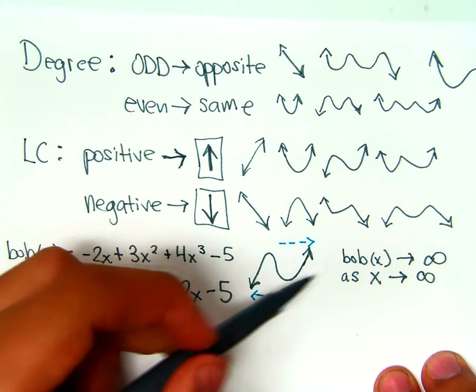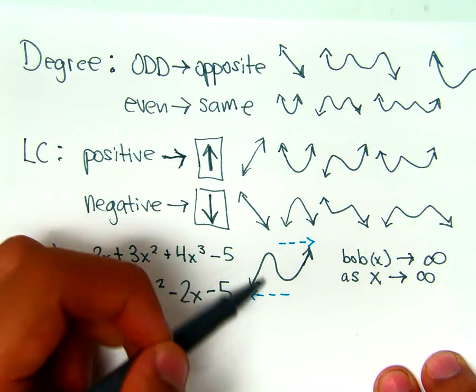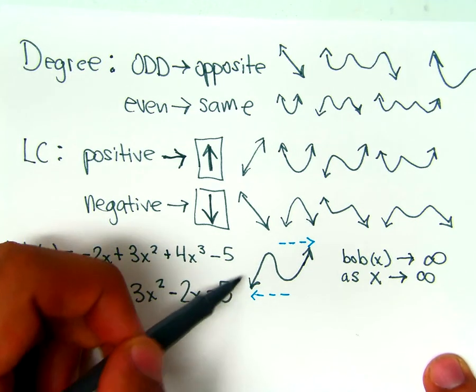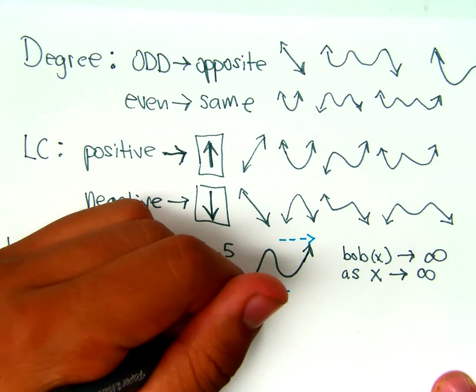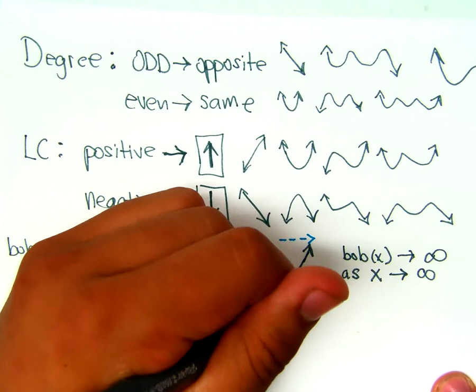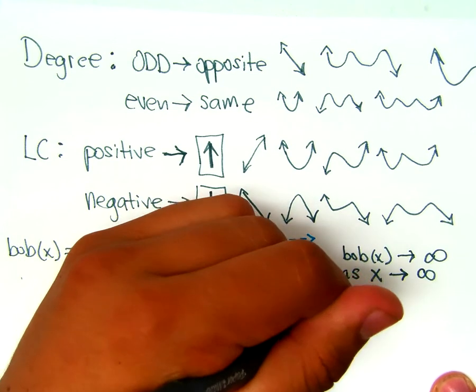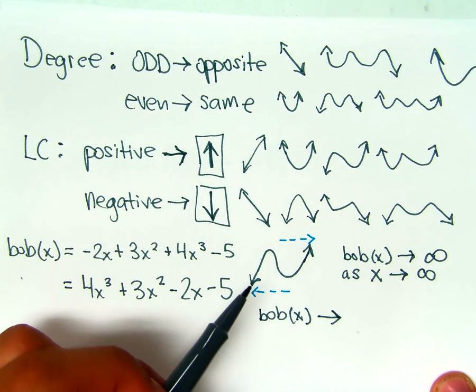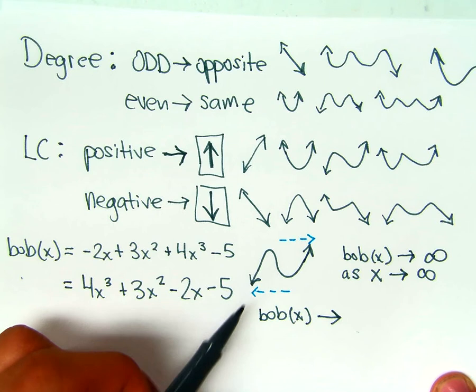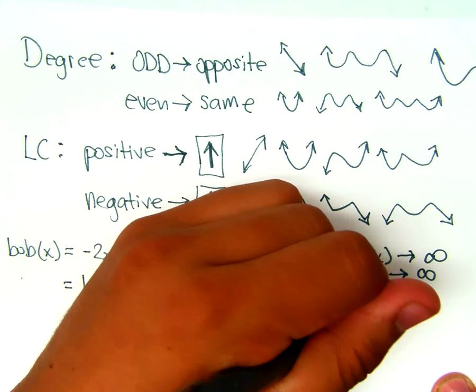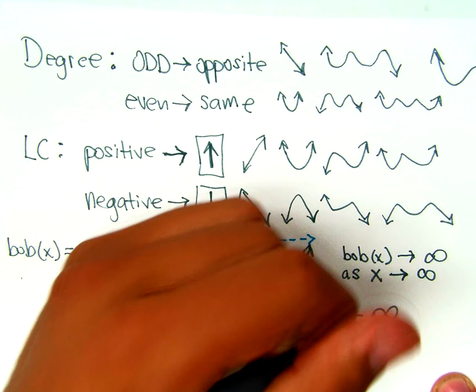Now that was just this side. We also have to describe the left end. So we'll say Bob of x approaches, now as we move left, is Bob going up or down? Down. So Bob approaches negative infinity.